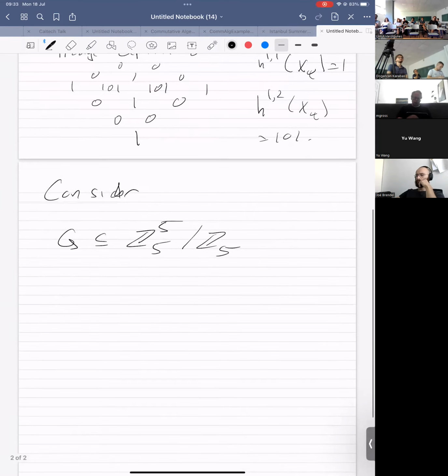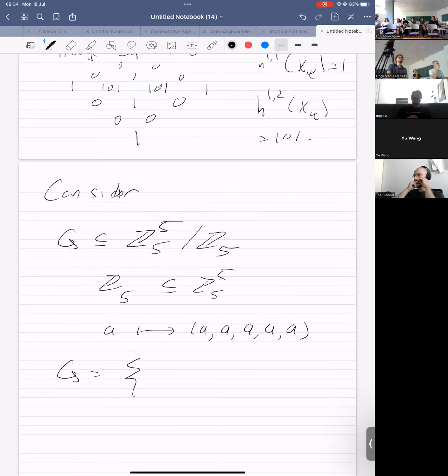Here Z5 is given by the diagonal embedding Z5 to Z5^5, a goes to (a,...,a). And G is the subgroup consisting of tuples (a0, ..., a4) such that the sum of the a_i is equal to 0, of course mod this diagonal Z5.